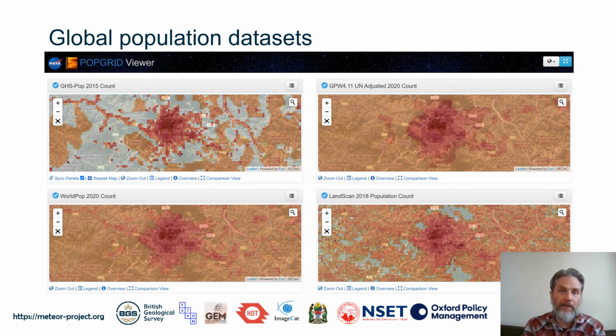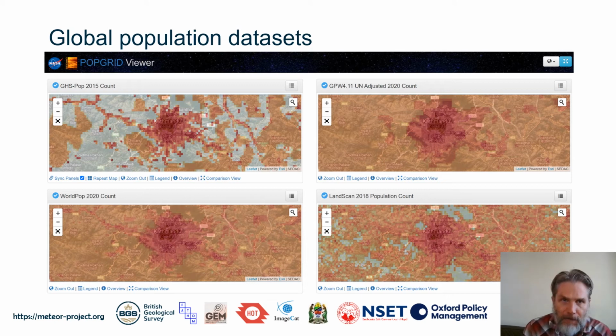Actually, they put this together specifically for this use case, trying to evaluate the applicability of population data sets for hazard purposes, where you're able to go into a specific area and see multiple data sets of that area and assess how accurate that data set is for you.